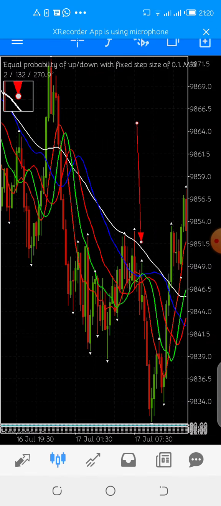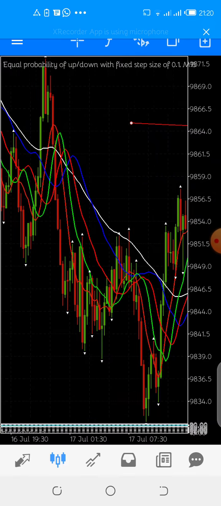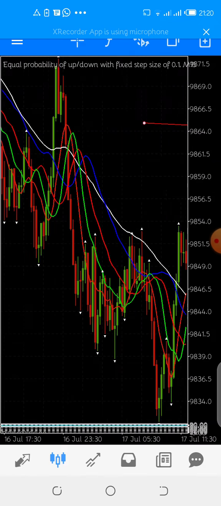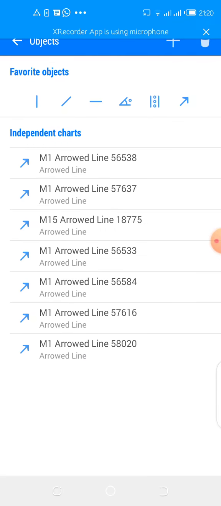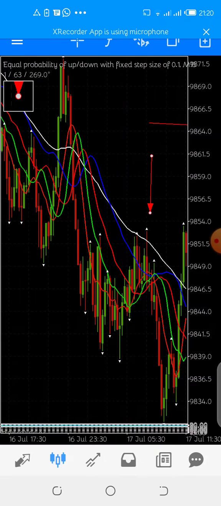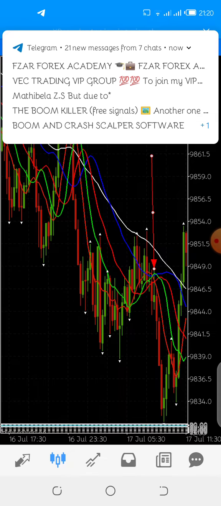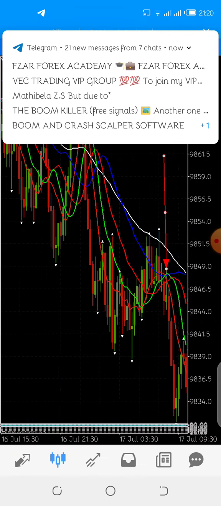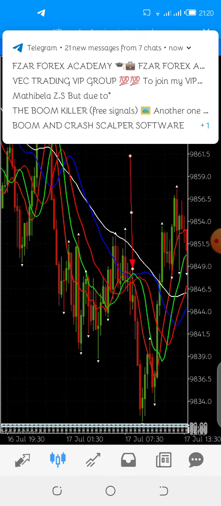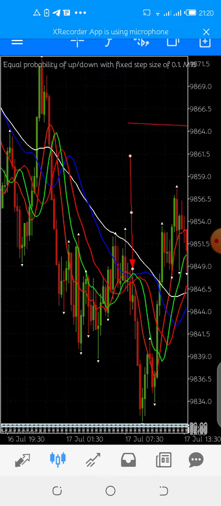from the line. Okay, now this point here was a most probable trade, and from there it of course was covering up to the other side.